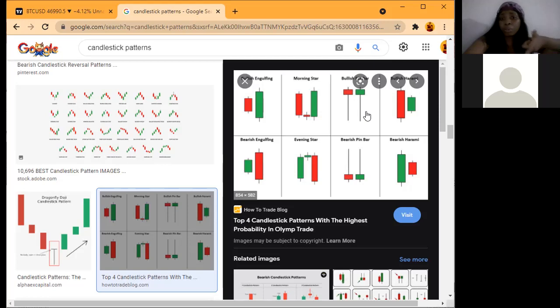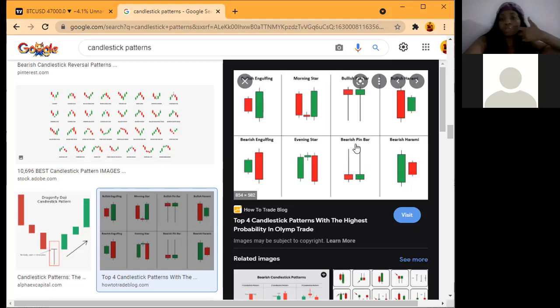Probably the price has been going down for a while, and then the buyers stepped in and pushed it all the way up, weakening these sellers. That's why this wick is long, and then they ended up closing it above where it opened. So that indicated strong buying pressure also, because they pushed it all the way up. If not, this candlestick would have been red. Do you understand it?